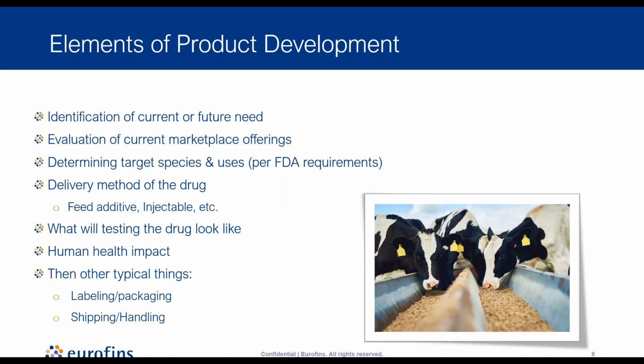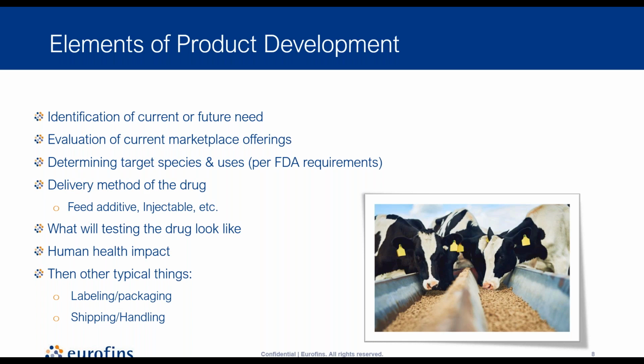As previously mentioned, the first step in the product development process is really identifying a need for a new product, current or future. So a need that is immediate or a need that we see coming based on trends in the world. So once identified, a manufacturer may look to the current marketplace, if they have not already, to get a better feel and understanding of what gap the product would be filling, or if it would be competing with an existing product in the marketplace.